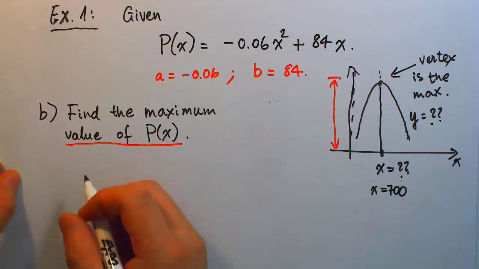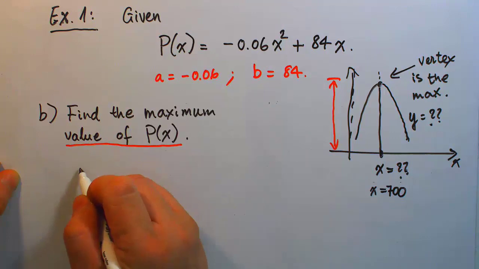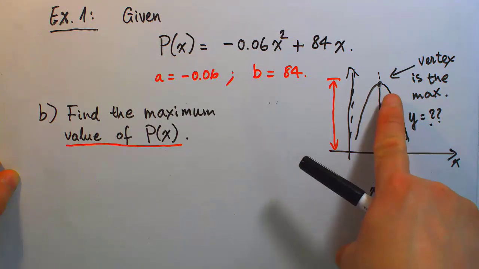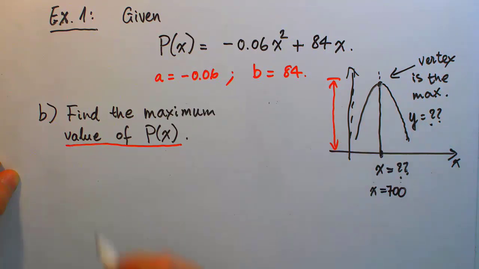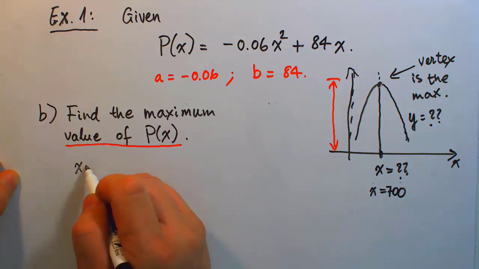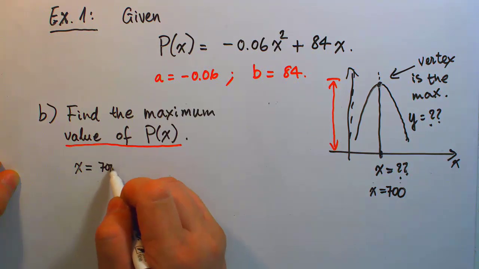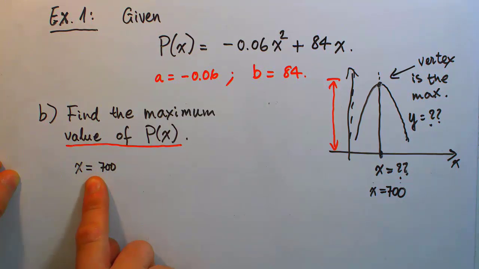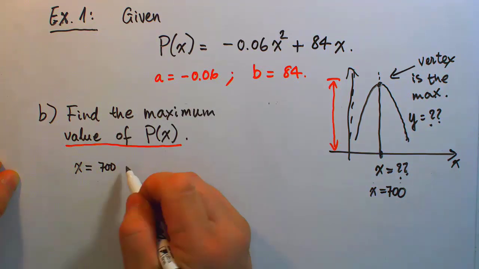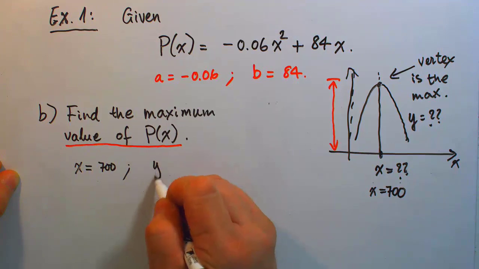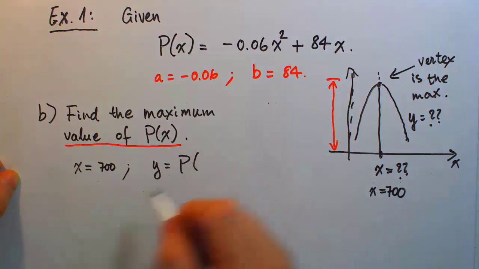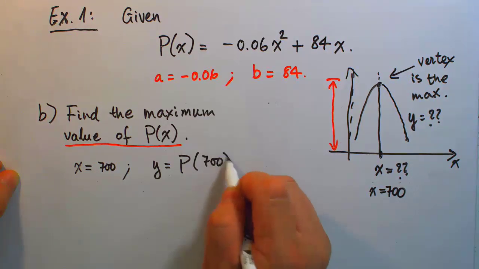And so now just remind yourself once again that maximum or minimum is just another name for the vertex point. And so we have learned that after we found x equals 700 is where your function p of x reaches the maximum, or reaches a vertex point, then the y value now comes out simply as a matter of substituting 700 into your function p of x.